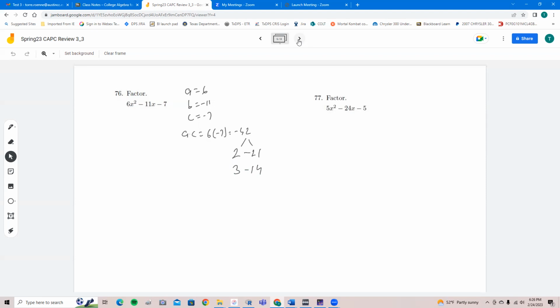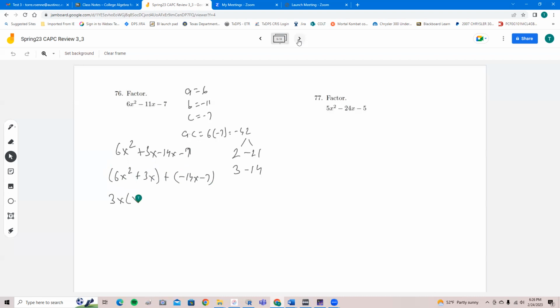Right. So now rewrite the original 6x squared, but I'm going to split that b term into plus 3x minus 14x and then minus 7. Now I got 4 terms. I can factor by grouping. 6x squared plus 3x plus negative 14x minus 7. Now I can pull 3x out.